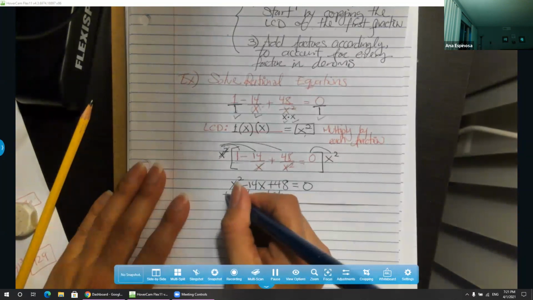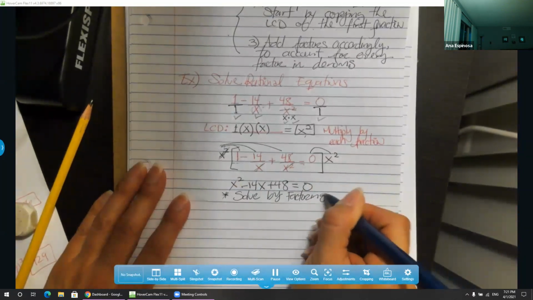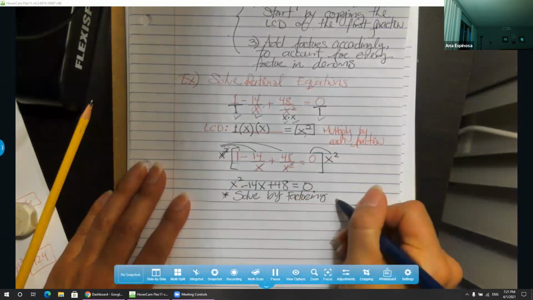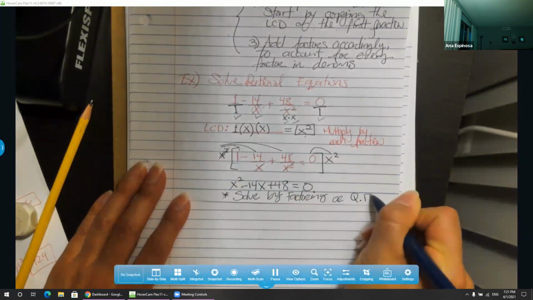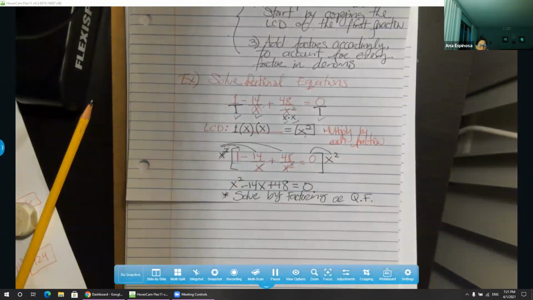You either then solve by factoring, which is the fastest way, most of these are factorable, or quadratic formula, okay? You decide how to do it. Practice both ways if you'd like, but the whole point of this is to show you how to start solving the equations. These will end up as quadratics or linear, and after that, you should be able to solve.